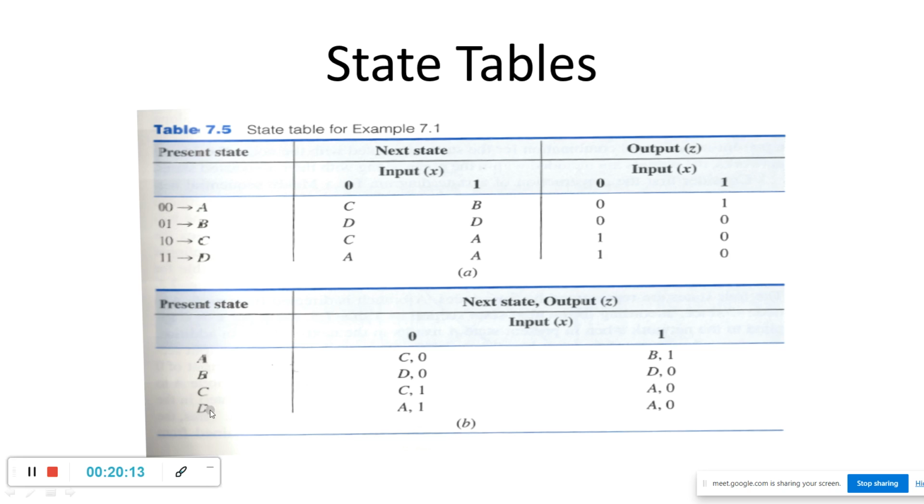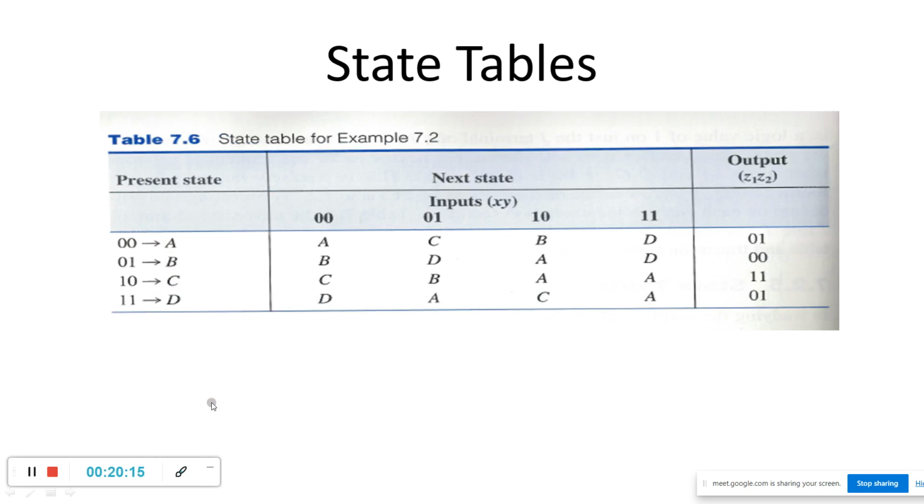This is for the JK flip flop. For 0 0 we assign A, 0 1 is B, 1 0 is C, 1 1 is D. Wherever 0 0 comes in the transition table, it is A. Next, 0 1 is B. Next, 1 0 is C.